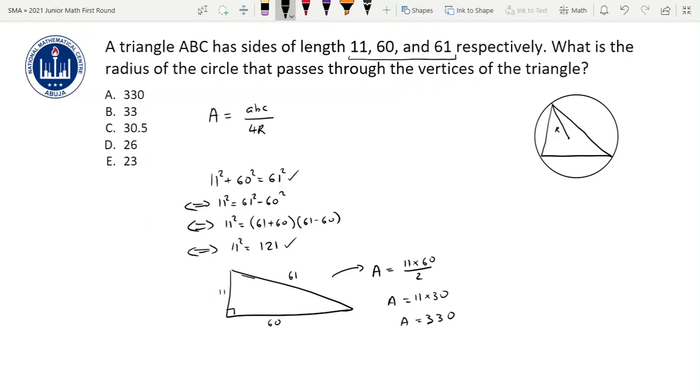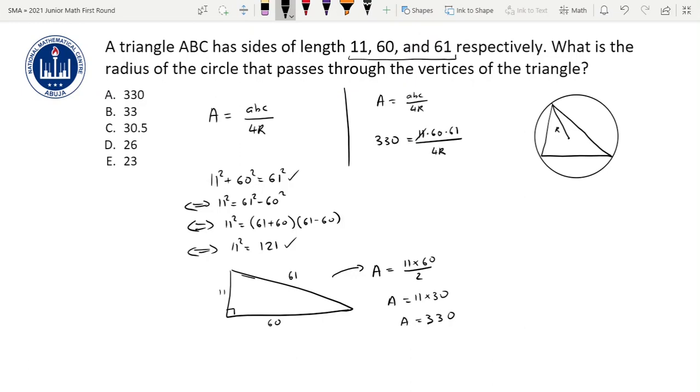Now we're going to use that to find what the second radius of this triangle is. So we have once again that A equals ABC over 4R. Remember, A is the area of the triangle, ABC are the side lengths, and R is the second radius. Since we know that the area is 330, we have 330 equals 11 times 60 times 61 divided by 4 times the second radius, which is what we're looking for.